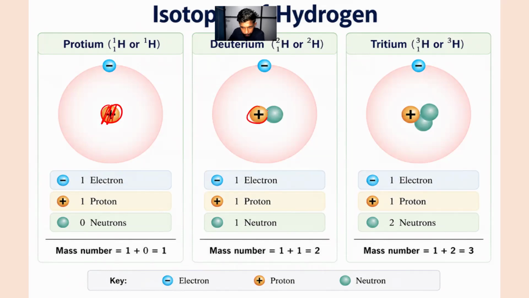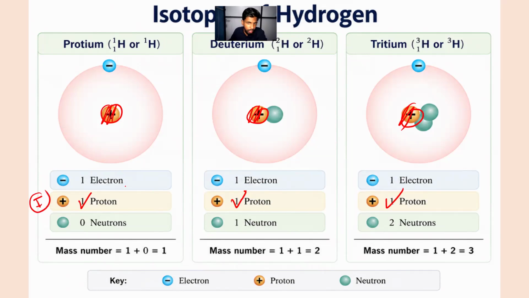One proton, one proton, one proton. So each and every atom has one proton. So if we have one proton, that is a hydrogen atom. That's why we have named it hydrogen. So for each and every isotope, we have the same number of protons. This is the first thing that you want to learn.